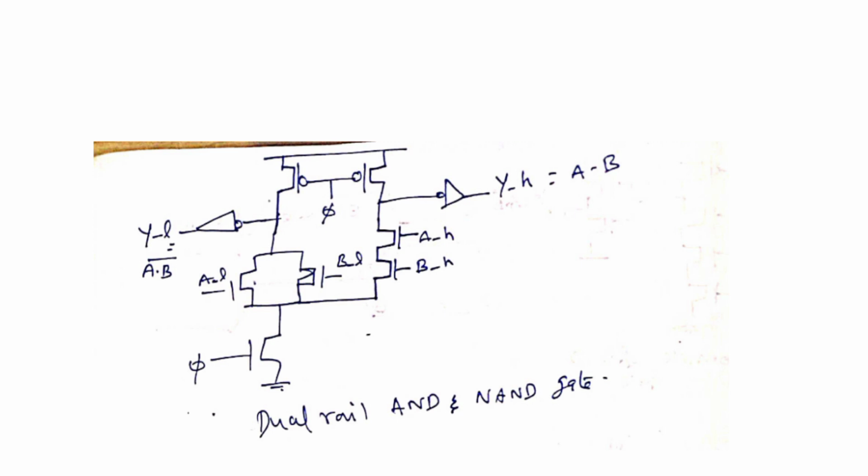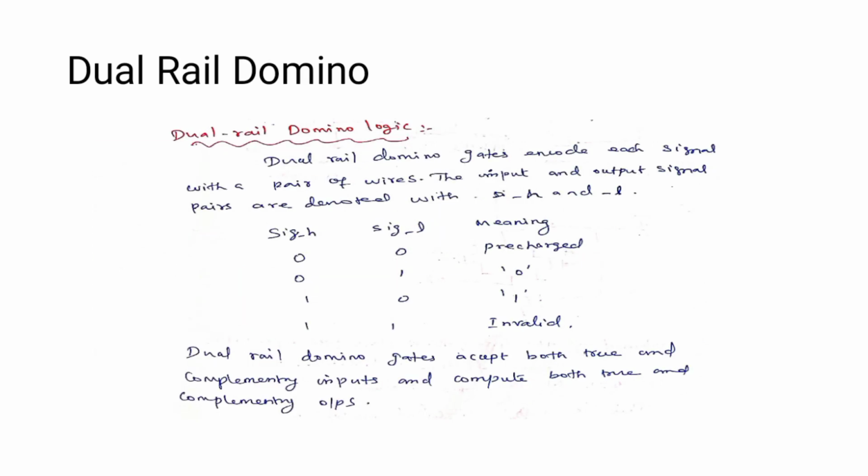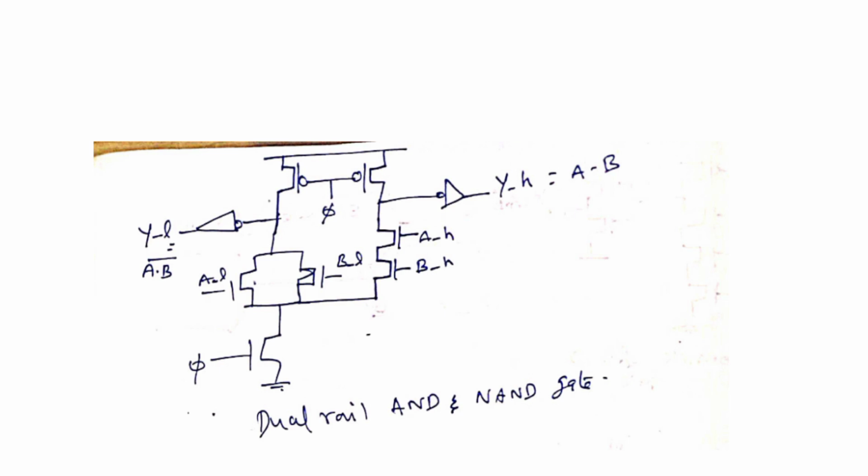This is a dynamic domino dual rail domino logic, or we can say a dynamic CVSL. Here we have two output signals, which are fed by inverter circuits, that is y underscore h and y underscore l. Here we can get (a dot b) bar whole bar and a dot b.